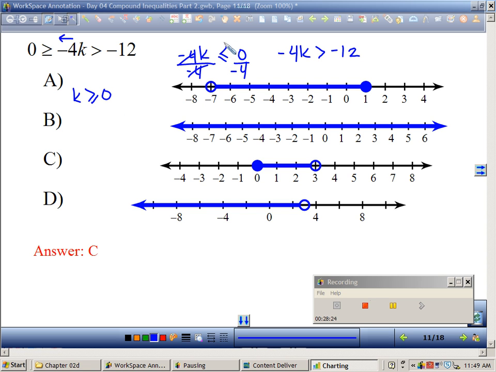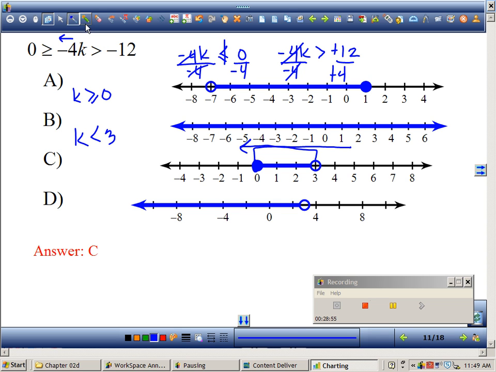Got to switch that sign. This one, when I divide by negative 4, I just divided by a negative, so my sign is also going to switch again. So I get k is less than, these become positive, 3. So k is less than 3 is here, and k is greater than or equal to 0 is here. So it's all of the values in between. So it looks like that.